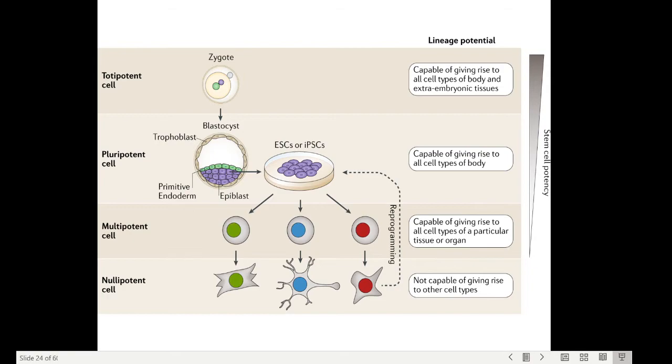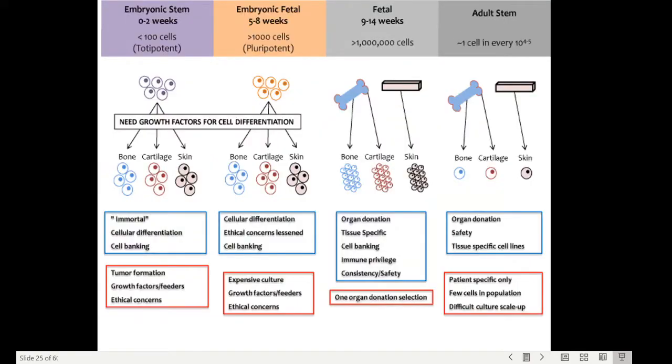Okay, this cell wants to develop into this kind of cells, tissues, that is the fixed one. Another one is the multipotent cell, it can be developed into any tissue or organ. Then nullipotent cells are not able to give any cell type. After reaching the nullipotent stage, that cell is not able to produce any tissues.